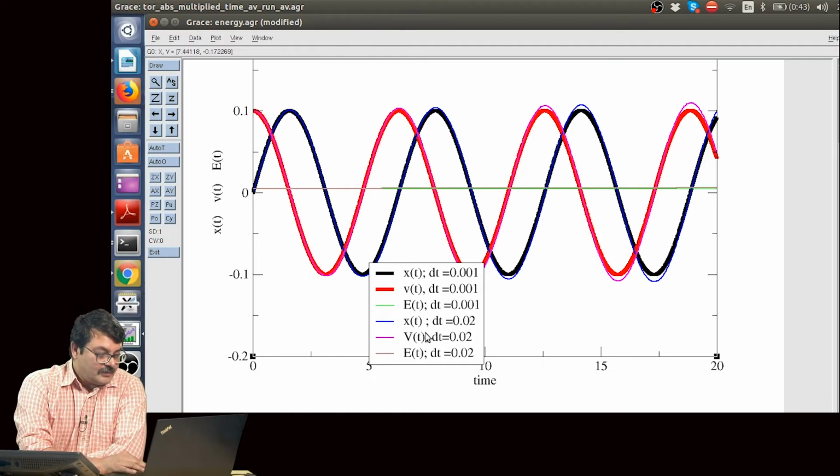Similarly, when h equal to 0.02, the velocity again shows deviations.